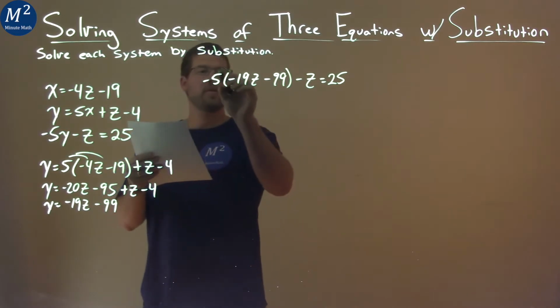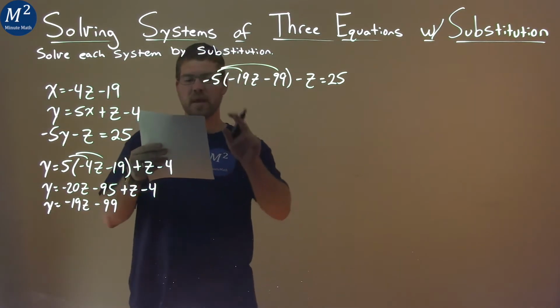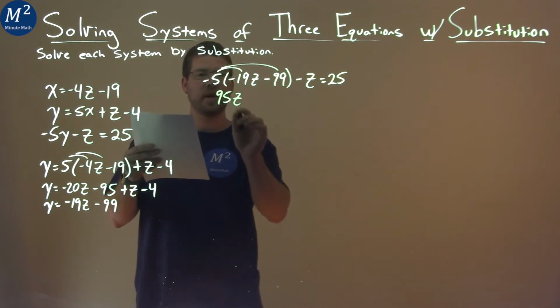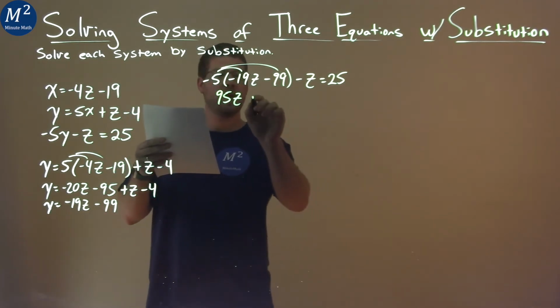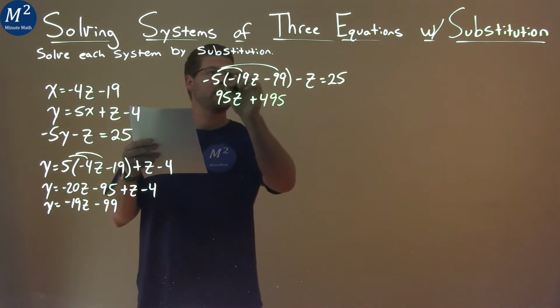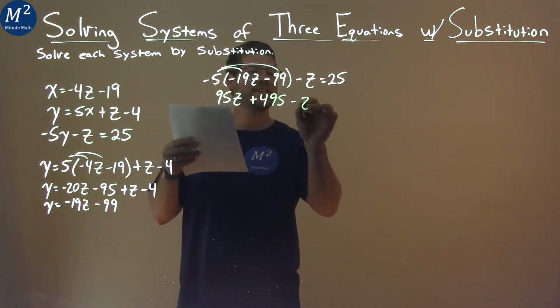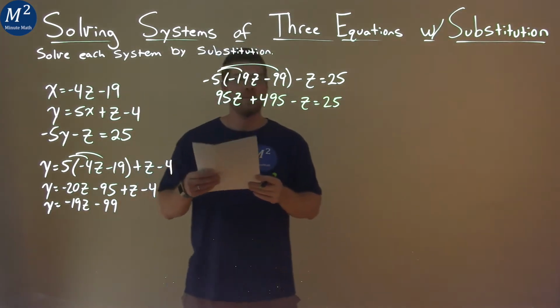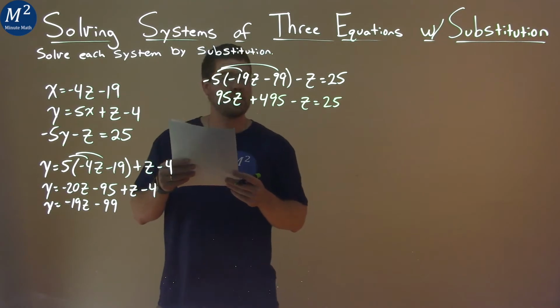So let's distribute the negative 5 to both parts. Negative 5 times negative 19z is 95z. Negative 5 times negative 99 is a positive 495. And then we just have a minus z here, and that's equal to 25. From there, we want to simplify, combining our like terms.